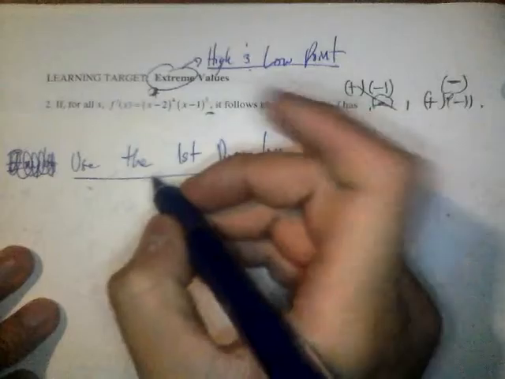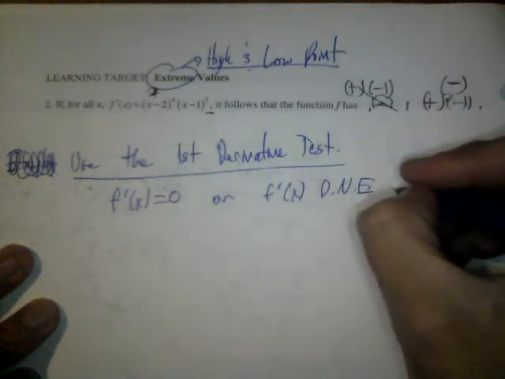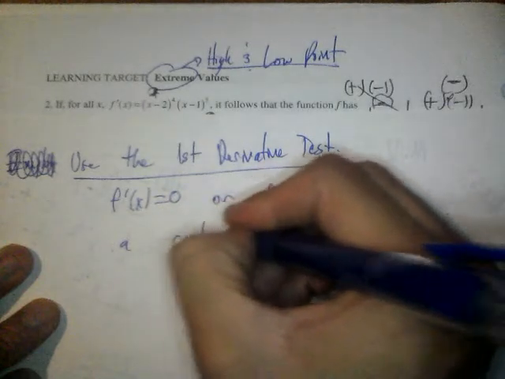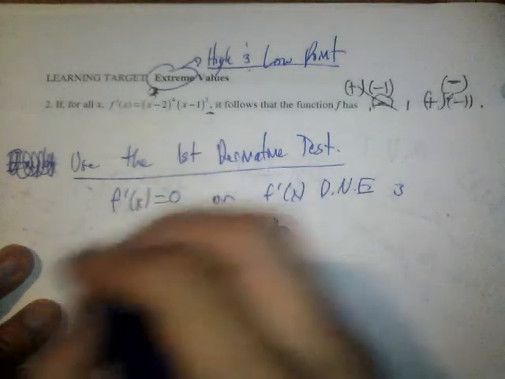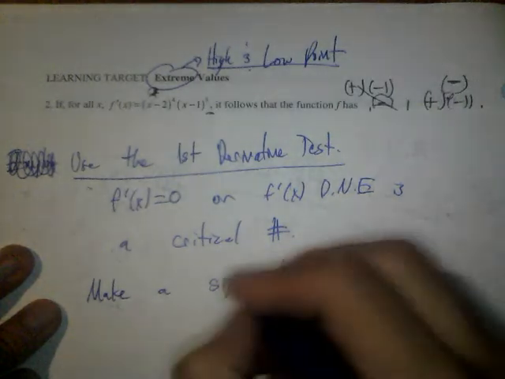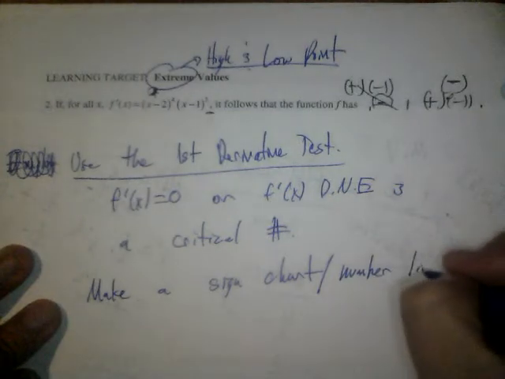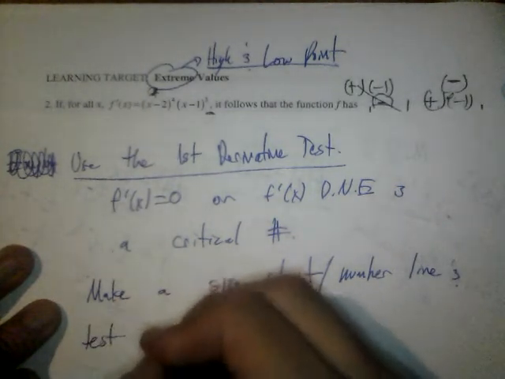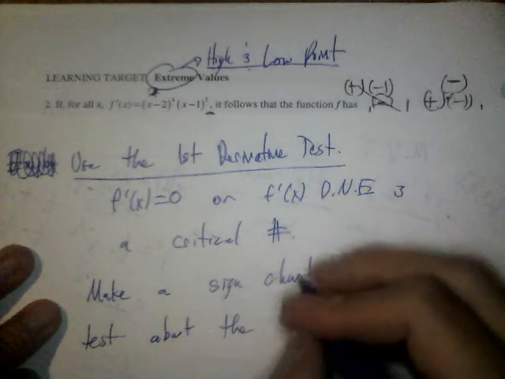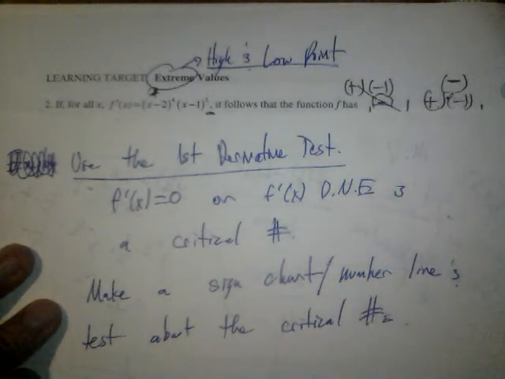If you remember the first derivative test, what it basically says is where f prime of x equals 0 or f prime of x does not exist is a critical number, and then you want to make a sign chart, or basically test a number line, and test about the critical numbers. That's basically what we're going to do for this problem.